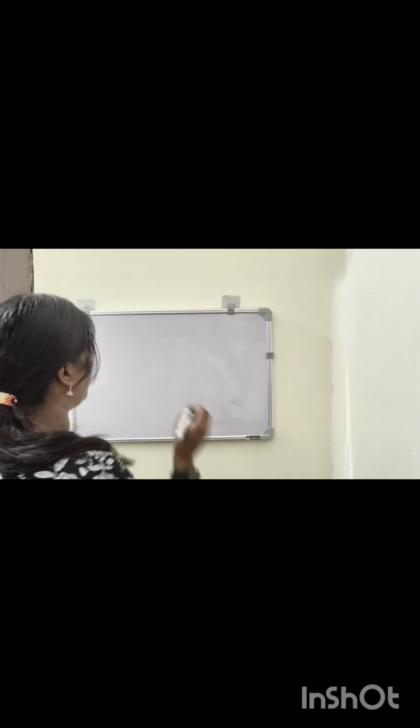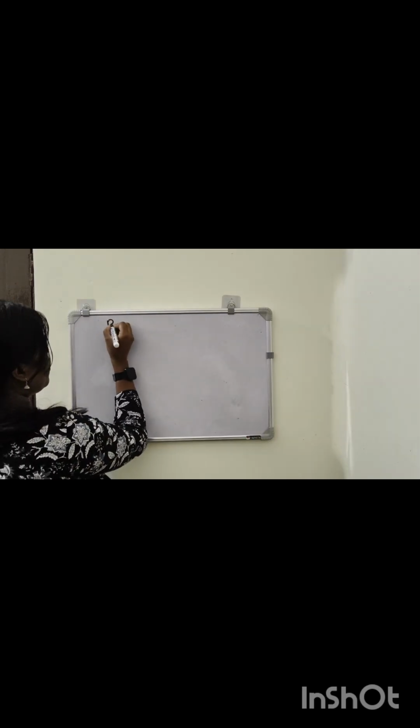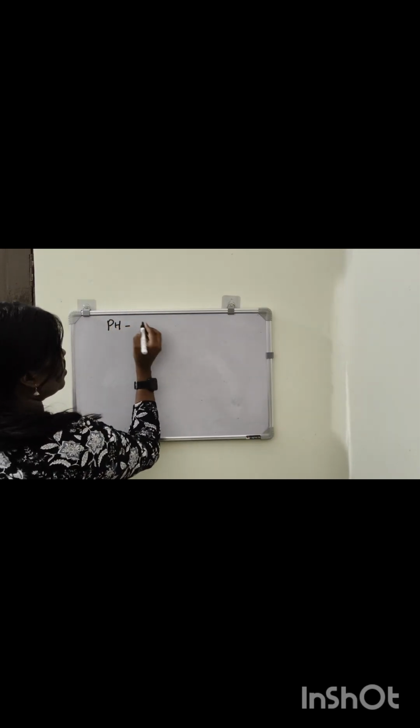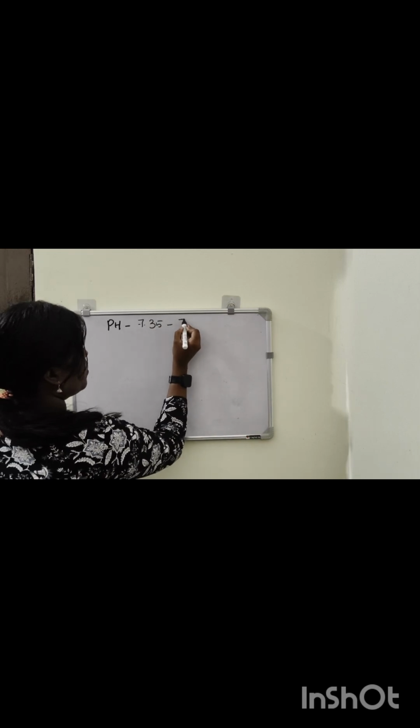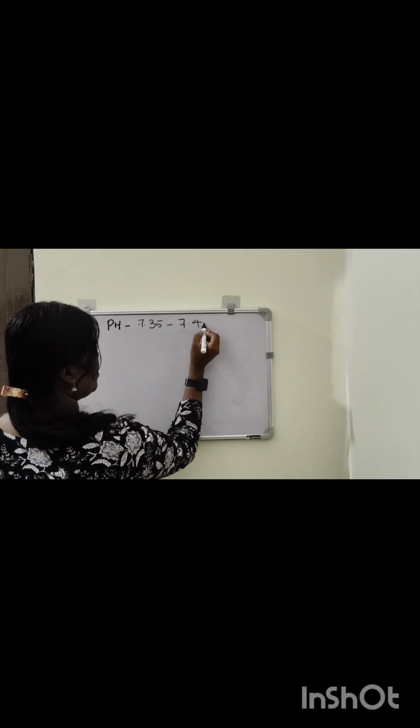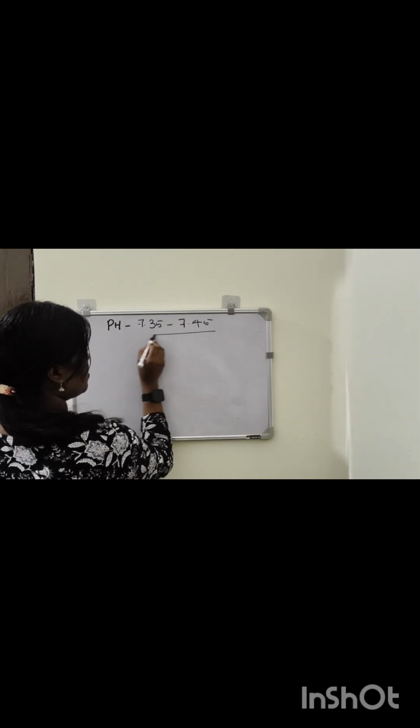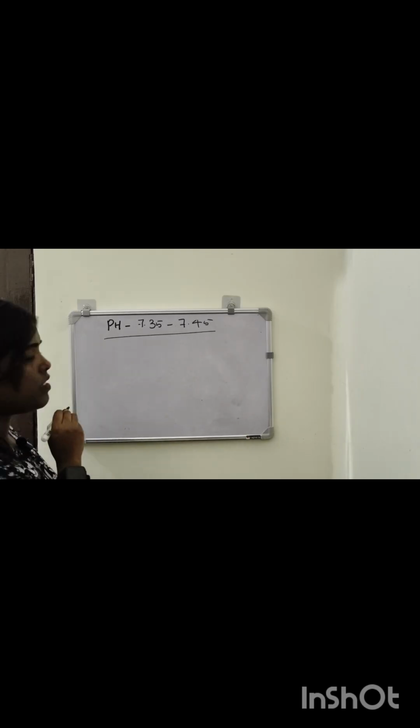Now, let us learn about pH in detail. So, what was the normal range of pH? 7.35 to 7.45. This was the normal range we have learned.